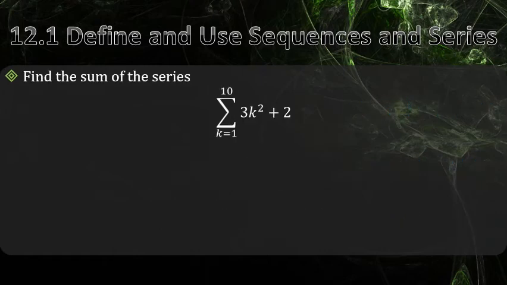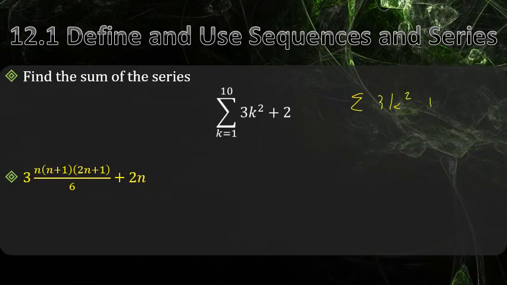So here's how we would use that. We could rewrite this as a couple different sums. So we could rewrite this as the sum of 3k squared plus the sum of 2. And then every time I'm adding the 3k squared, I'm always going to have this 3.